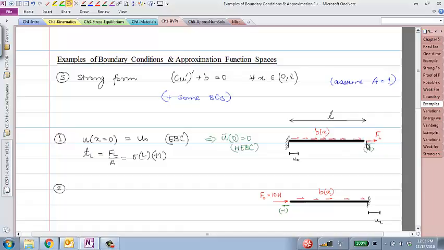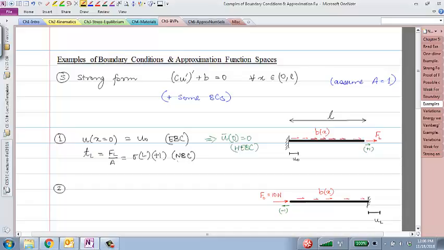And looking at the way that I've drawn, FL is the force, and the force divided by area would be the traction, and it would be positive because it's pointing in the positive x direction. This, as I said, is a traction boundary condition, which we have been calling a natural boundary condition for our weak forms.